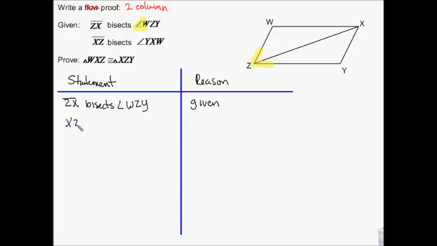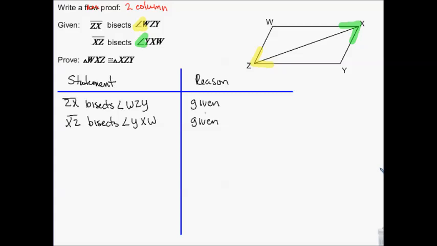And then XZ bisects angle YXW, also given. And I'm going to label that one green, just so we've got YXW, so that's this angle.